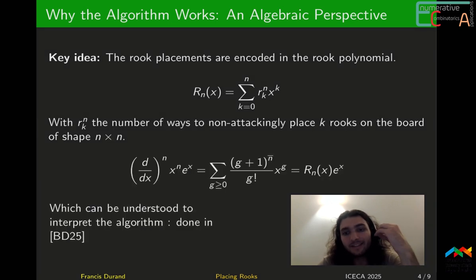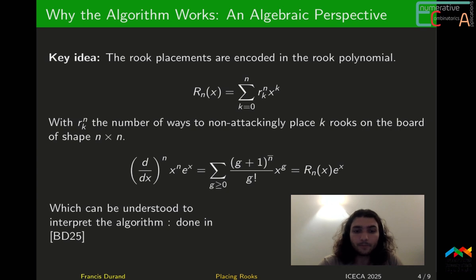Here is the algebraic identity. It should be understood in the following way. The (d over dx) to the power of n, x^n e^x term on the left-hand side encodes the chessboard. The middle generating series encodes the probability distribution of g, and the right-hand side encodes the rook placement and the ghost columns.